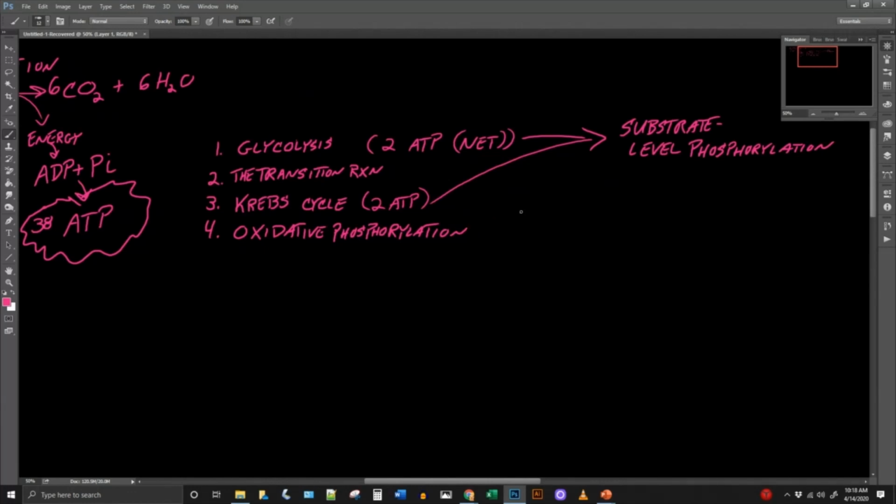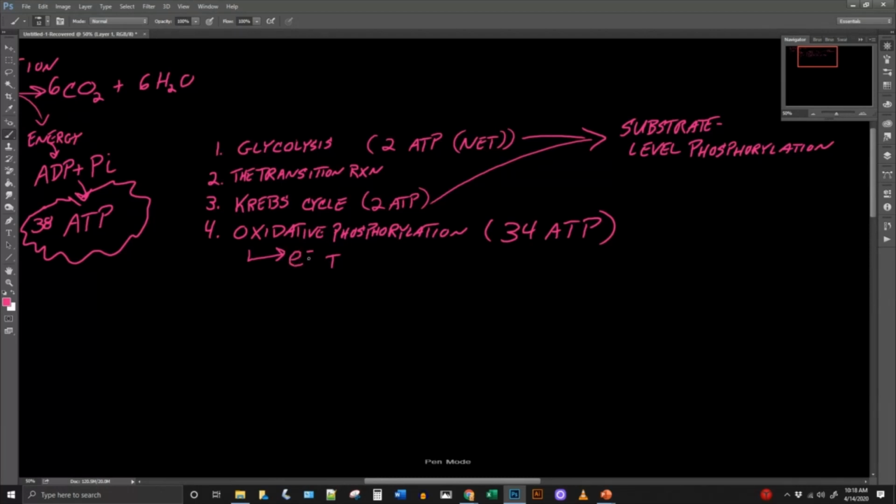Oxidative phosphorylation, on the other hand, the other kind of phosphorylation that you have in cellular respiration, gives us 34 ATP. So that is by far the biggest payoff, the last step. Oxidative phosphorylation is the electron transport chain.